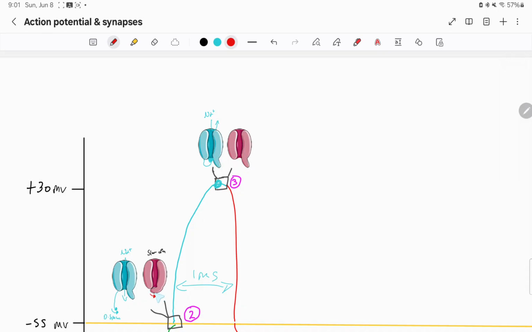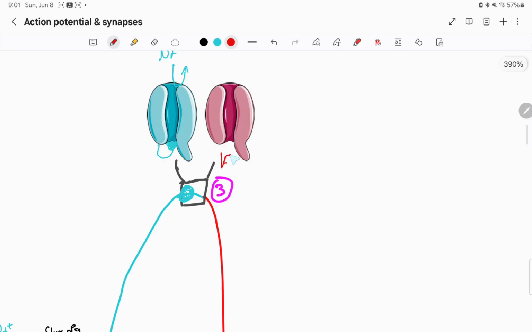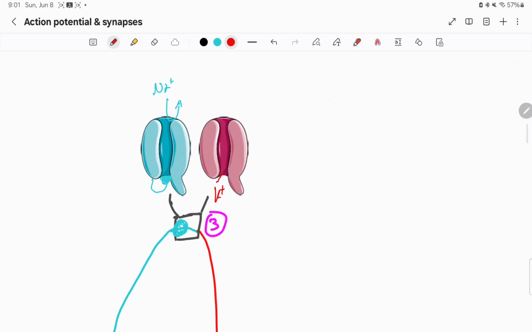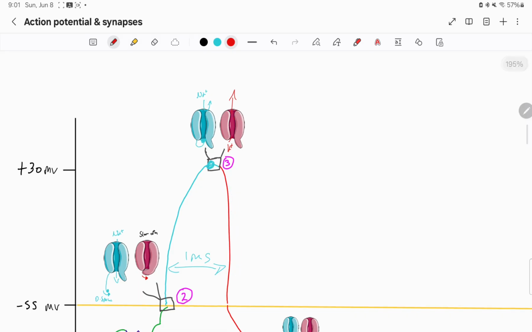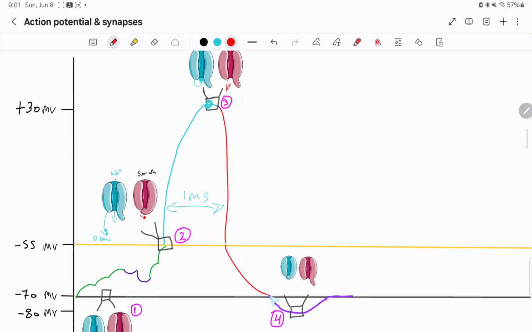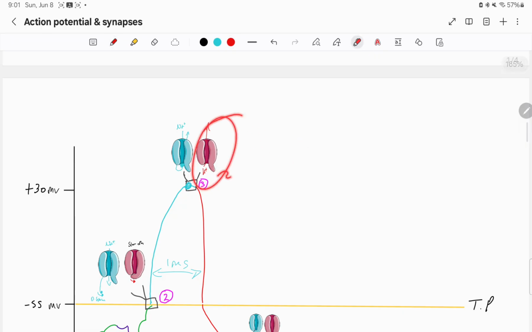Now, at this point in time, the potassium voltage gated channel also coincidentally happens to have fully opened. Because remember, it was starting to open here, but now it's fully open here. And now what do you notice? Now you can see that the potassium will just leave down its concentration gradient outside of the cell, just like we've been talking about. And it will keep going until we repolarize all the way down to the resting membrane potential. One note I do want to add on here, though, is that potassium is not only moving out via its concentration gradient.